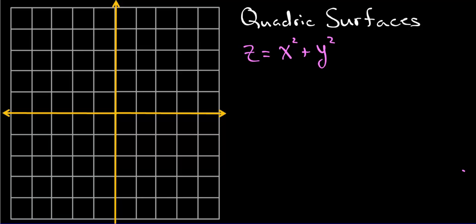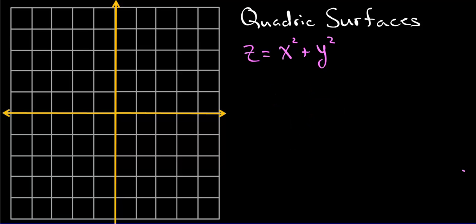That's different. It kind of looks like a parabola. If we just had z equals x squared, we would have the z-axis here, the x-axis here, and it would just be a parabola. But that's not what we have. We have x squared and y squared.